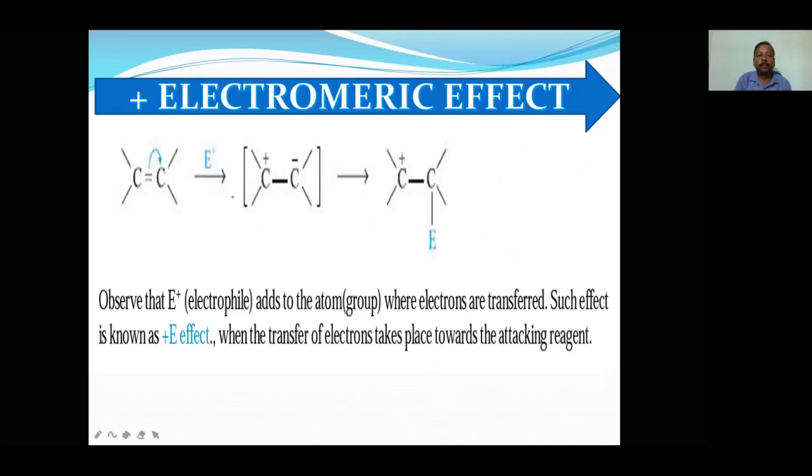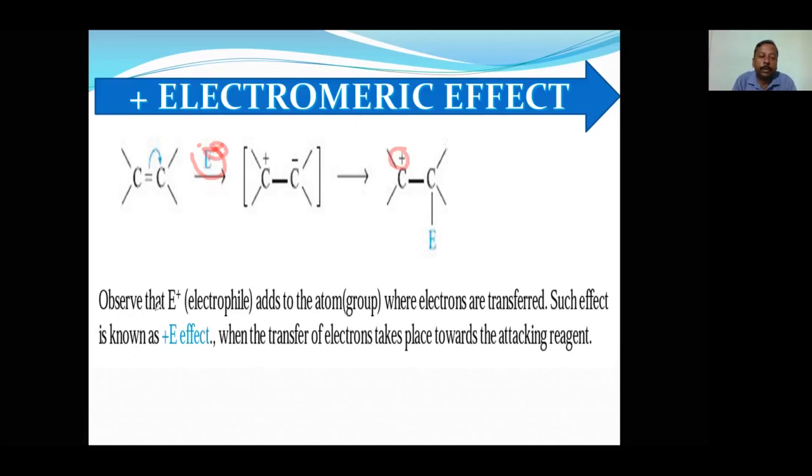See the electromeric effect, which I have explained through the diagram. In the presence of an electrophile, the electron is shifted here. This is negative, this is positive, so the positive will attach itself. Ultimately, the positive charge which was on the electrophile is added to this carbon.